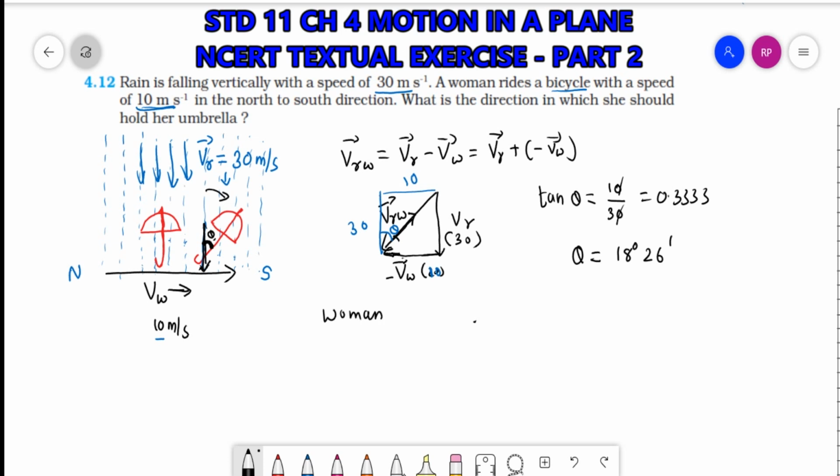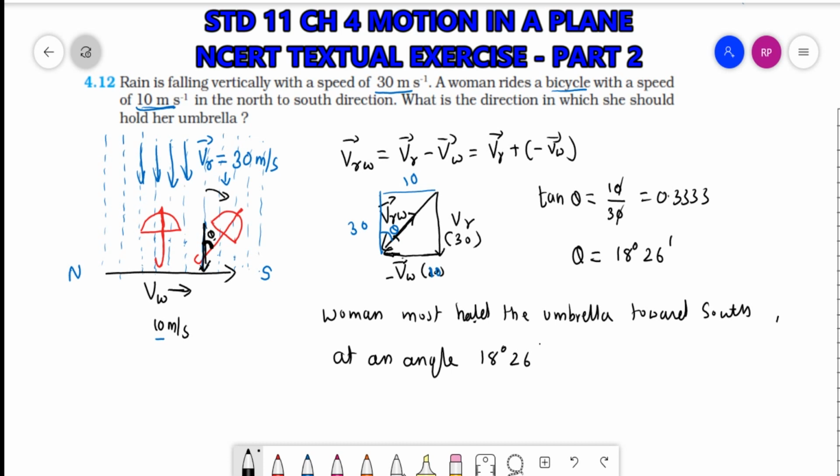The woman must hold the umbrella towards south at an angle 18 degree 26 minute with the vertical, that is the direction of falling rain. Okay, so this was about question number 4.12. So just note it down.